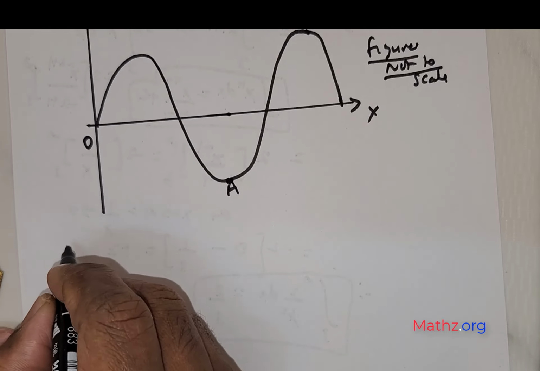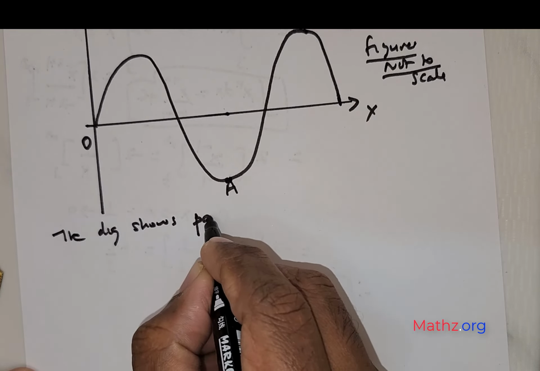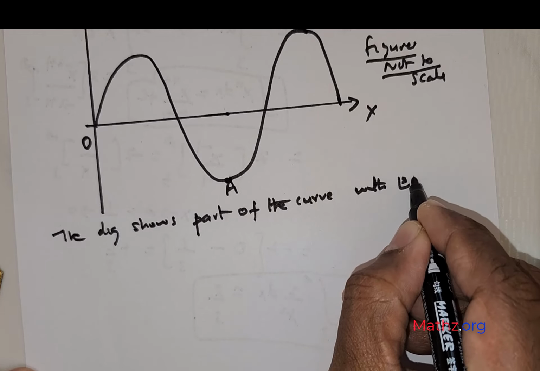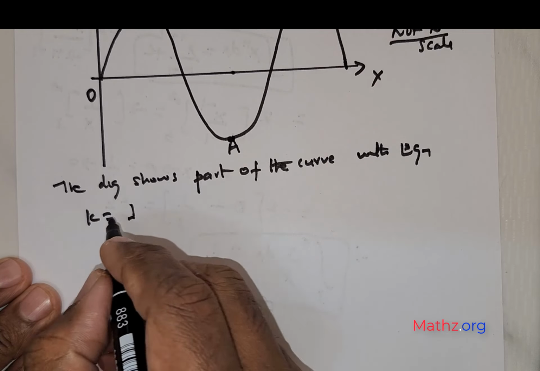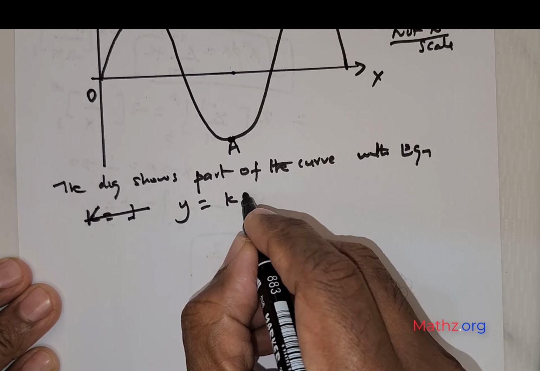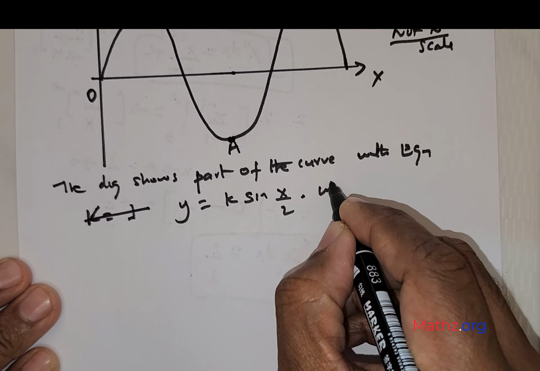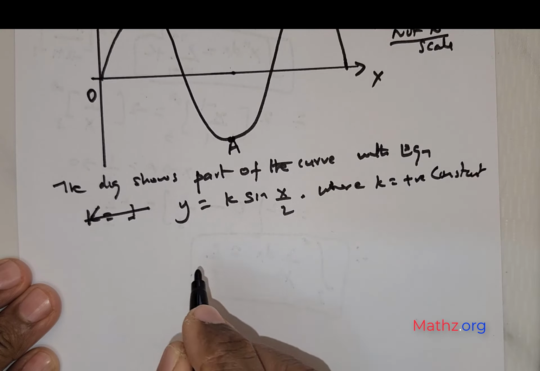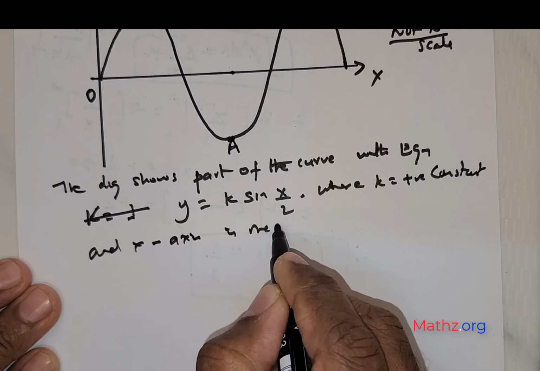Now let me write the question. The diagram shows part of the curve with equation y being equal to k times sine of x over 2, where k is a positive constant and x is measured in radians.